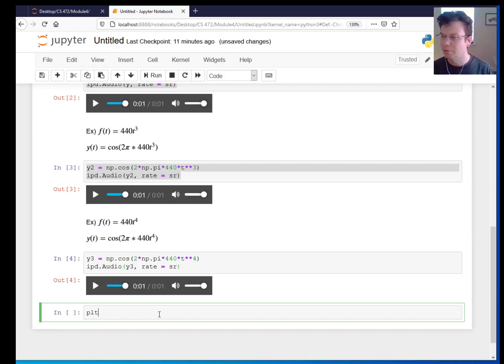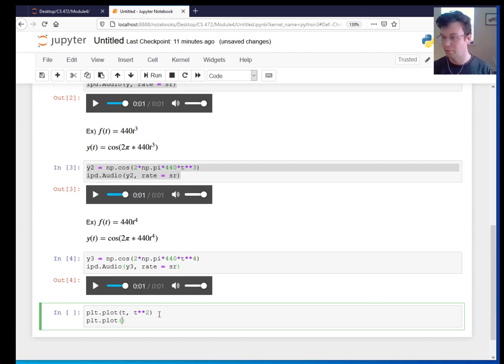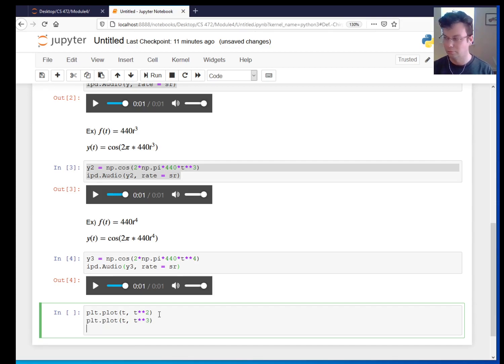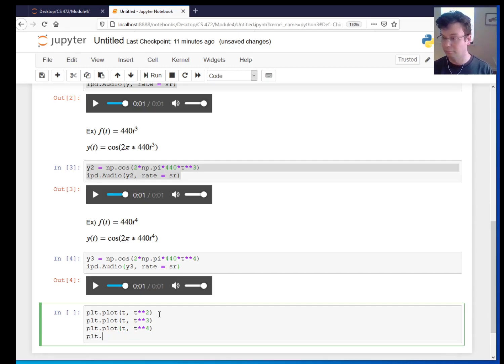So plt.plot t squared first, t cubed next, t to the fourth after that. Okay, so we got t squared, t cubed, and t to the fourth. I have to remember that actually this is 440 times that.